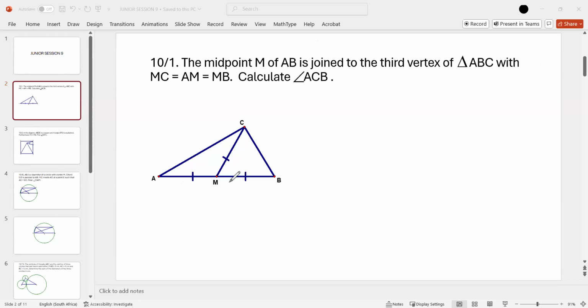Generally, the midpoint of AB will just make these two equal, but now we are given in addition that the distance to C is also the same as these two. So we are asked to calculate angle ACB. It's angle C, in other words. This entire angle.